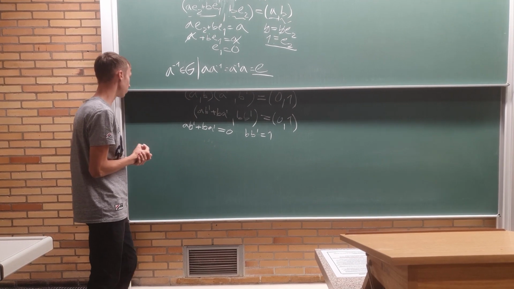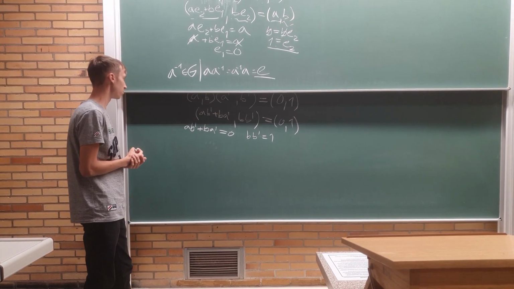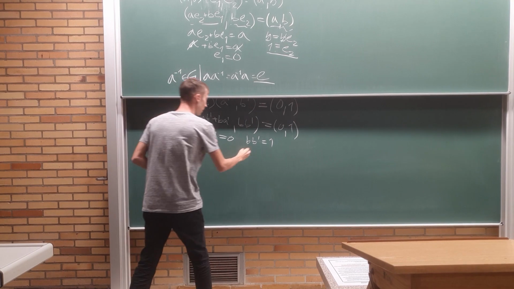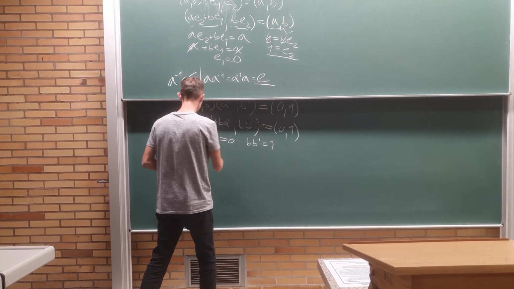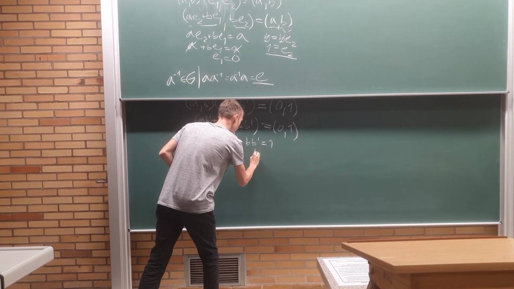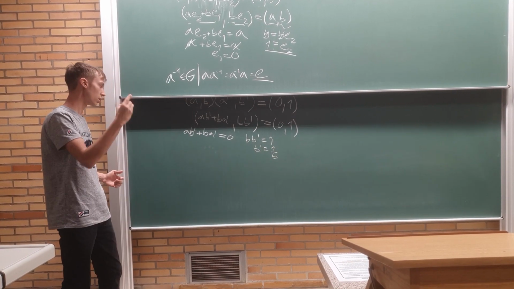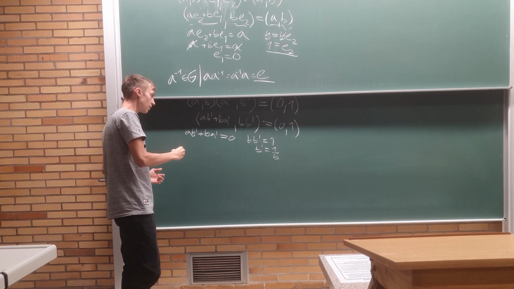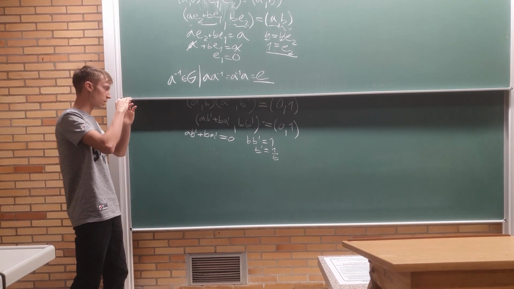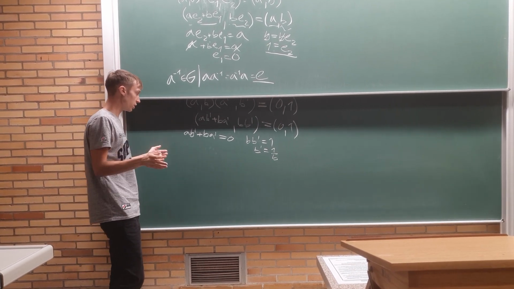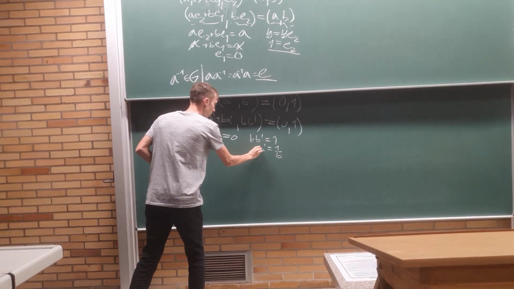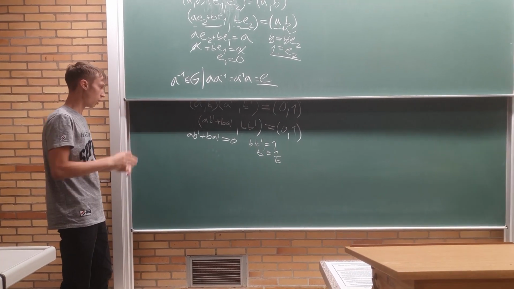So at the first place, what this brings to us is the quite useful result B prime equals 1 over B. So explicitly, in respect to the entries of the arbitrary element of G, we actually got one part of the inverse.